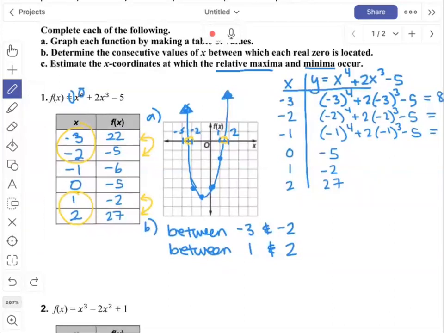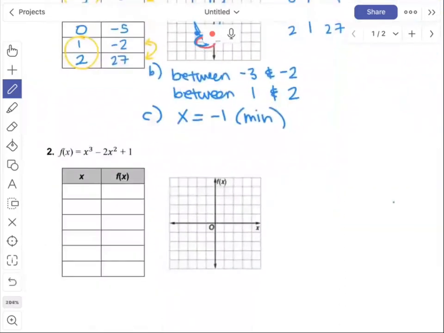So this right here is a relative minimum because that's where it's the lowest. So I would say there is a relative minimum when x is -1. So x is -1, and that is a minimum. All right, so that is number 1.